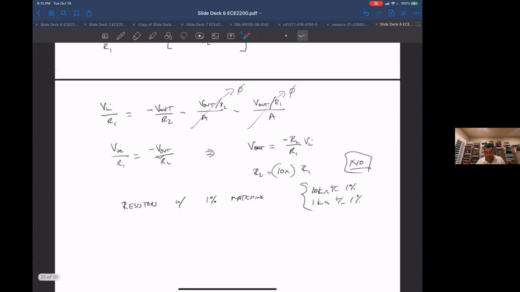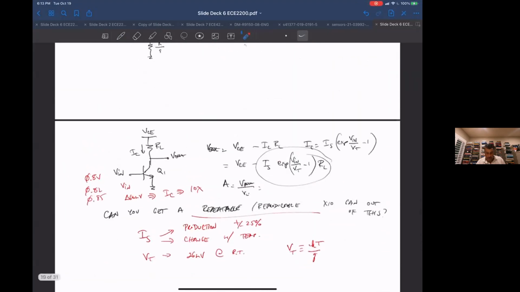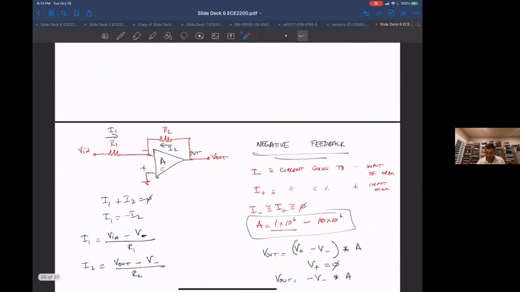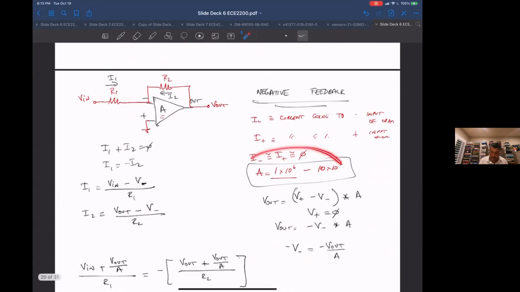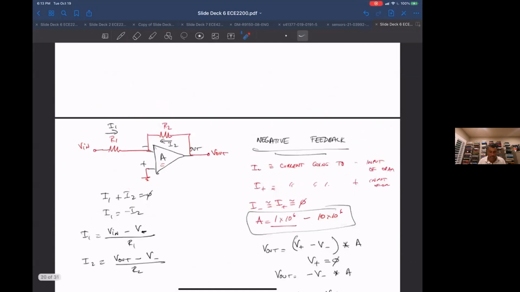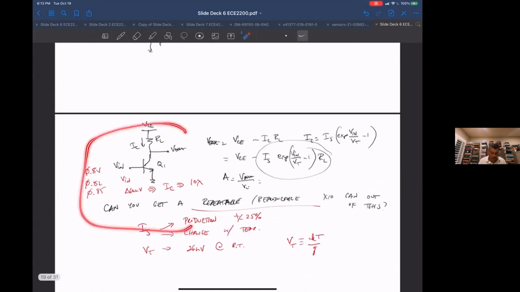So now coming back to the circuits we're studying in this class, somehow you need to create this very high gain in this op amp. But how do you do it? Well, the stuff in this op amp is made out of these circuit blocks that we're studying in this class.